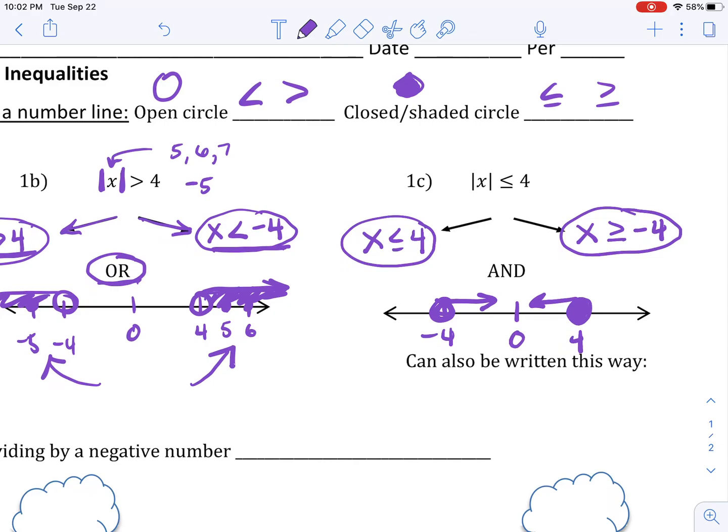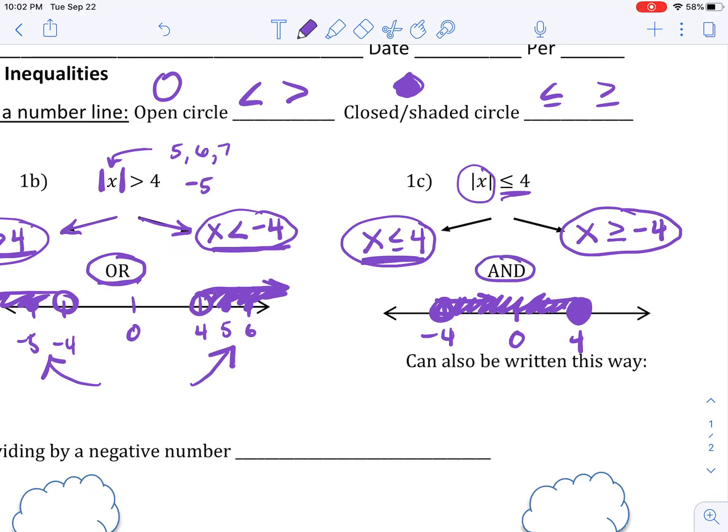So what values of x can I plug in, and I'm going to get less than or equal to 4? All of these numbers in here, not beyond, those aren't going to work. Only the numbers that are in between negative 4 and 4 will make this true. So this is an and situation.